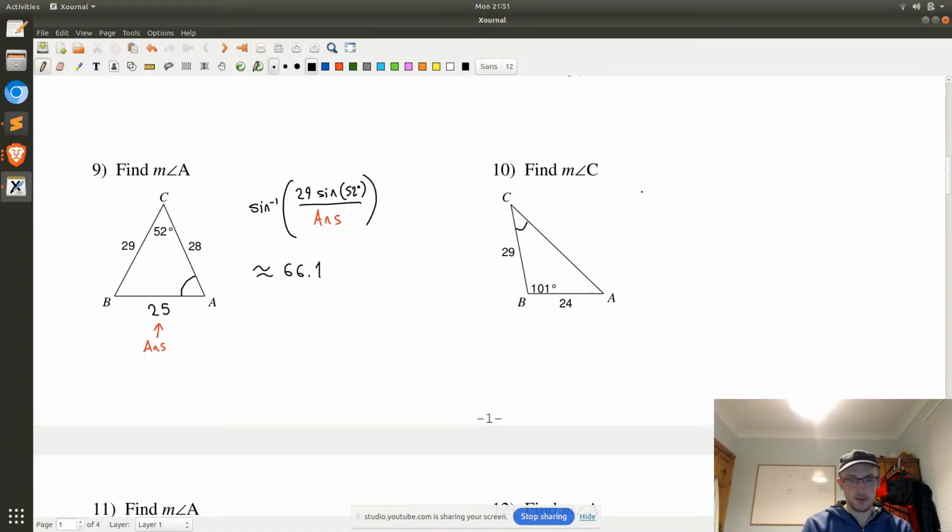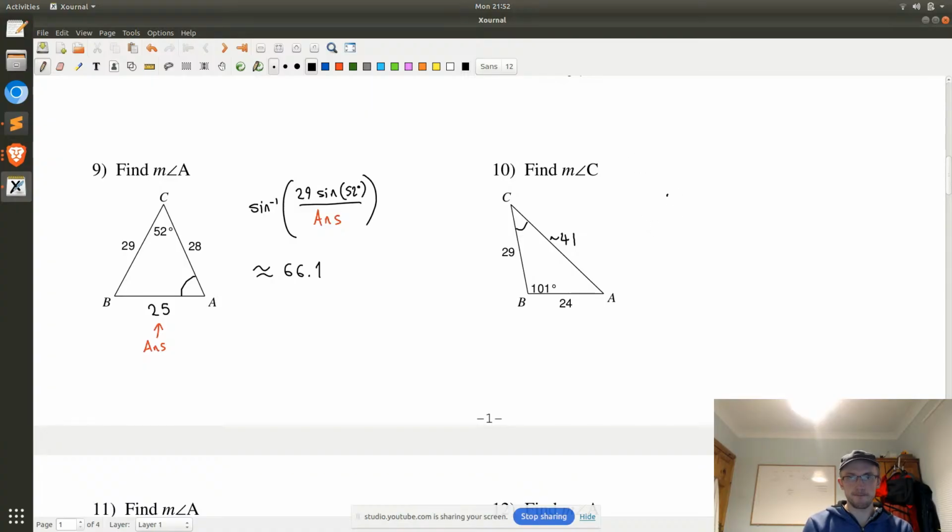I beg your pardon, 24 times 29, come on. 696, and you double it. Okay, and you get 1392. All that times by the cosine of 101. So you get 41 point whatever. I put a tilde in front to say approximate.